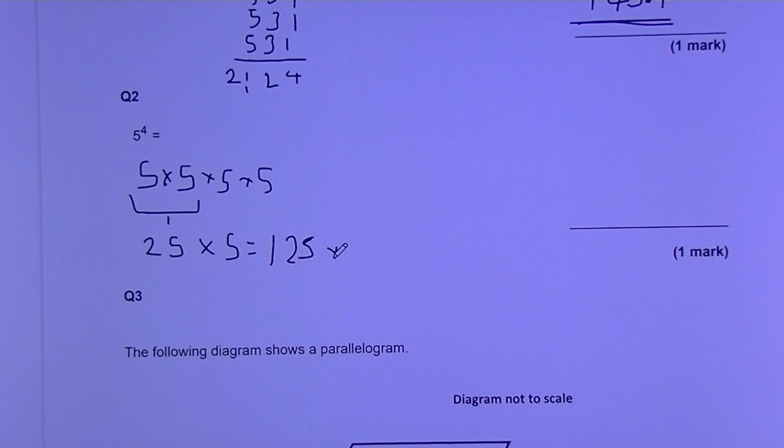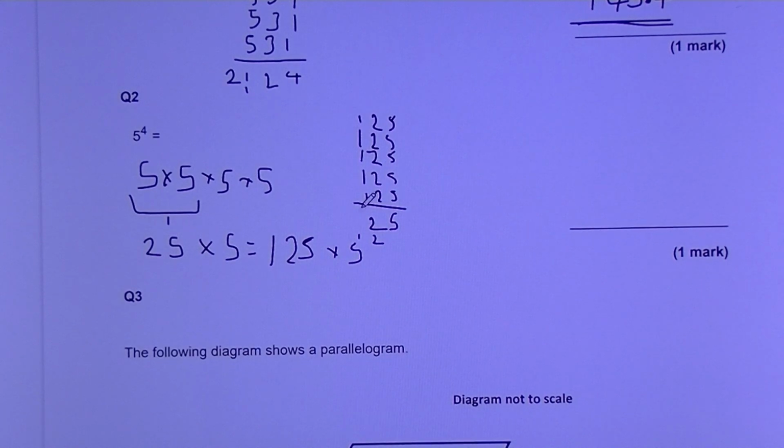And finally, times by 5 again, simple way, just adding all the 125s together, is 625.